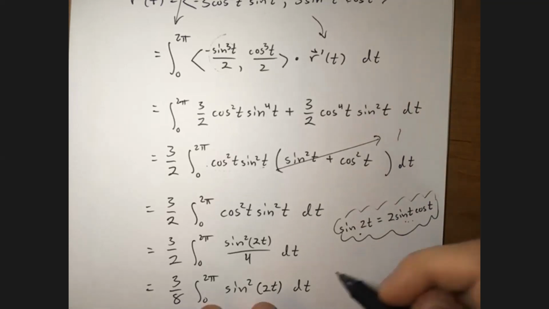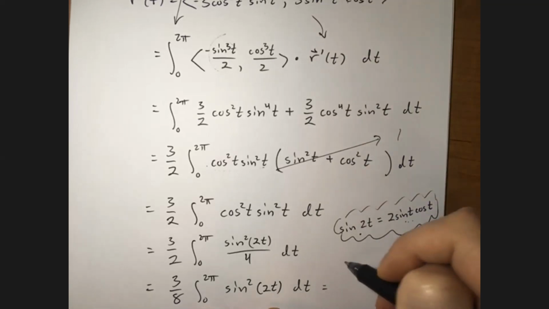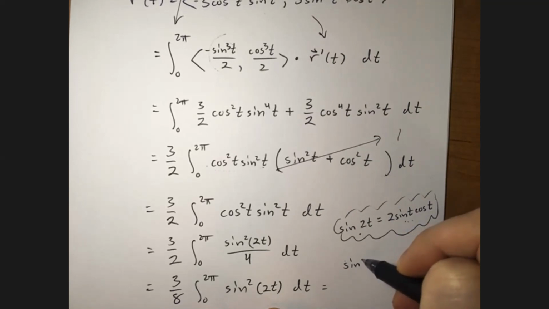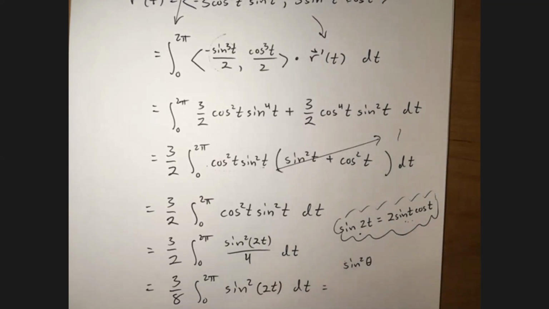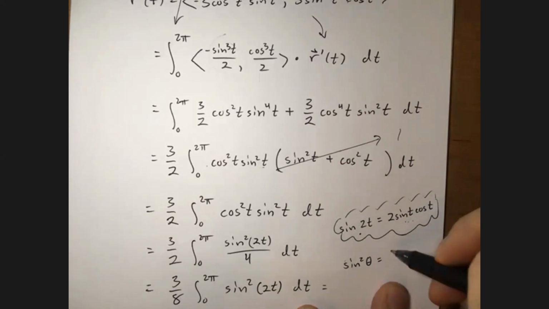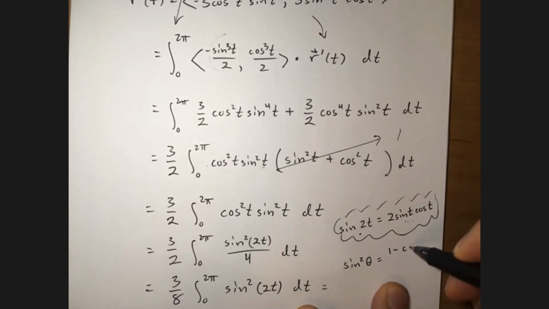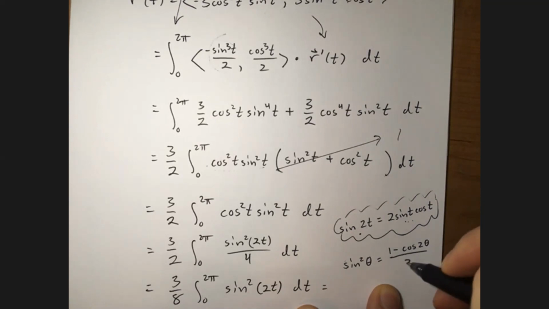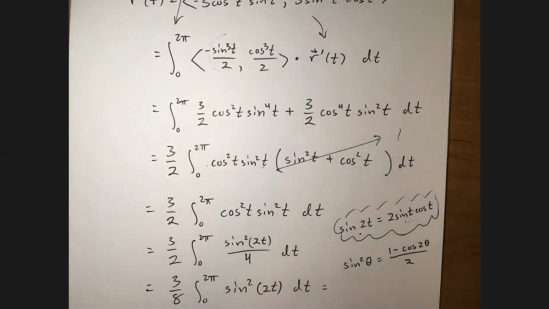So this is the same as, let me write down the trig identity by itself. Sine squared of theta is equal to 1 minus cosine of 2 theta over 2. I'm slowing down because it's written in a different form, so I'm solving it in my head.